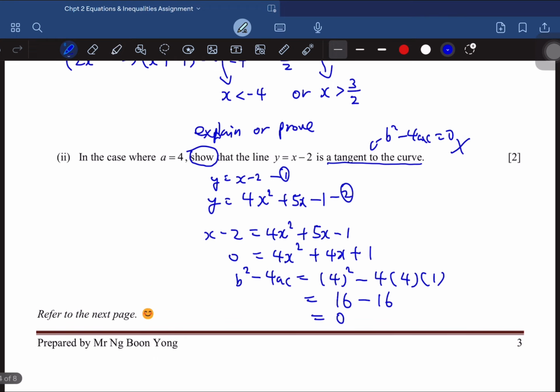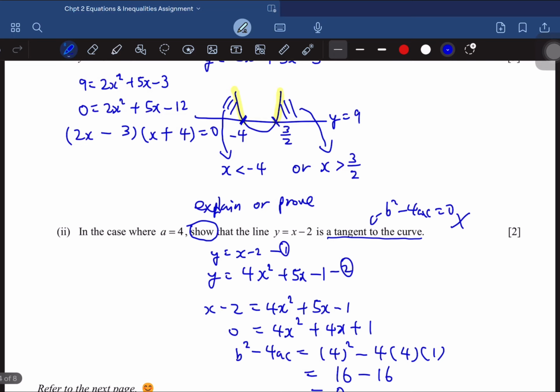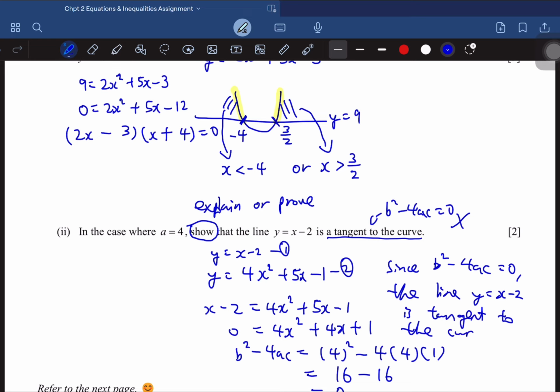So since b squared minus 4ac is equals to 0, the line y equals to x minus 2 is tangent to the curve. Okay, so this is important. We are asked to show, explain, or prove.